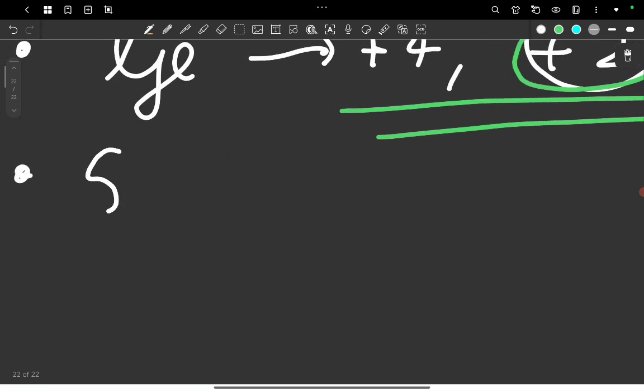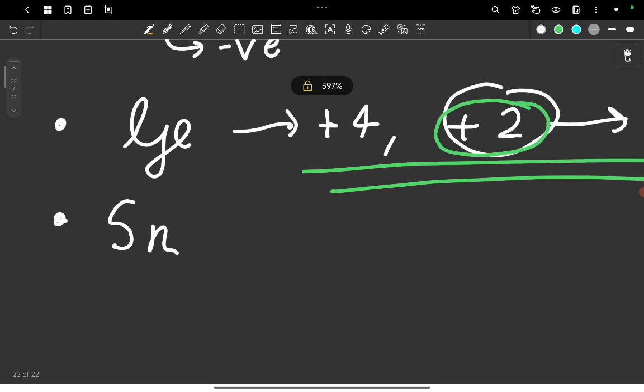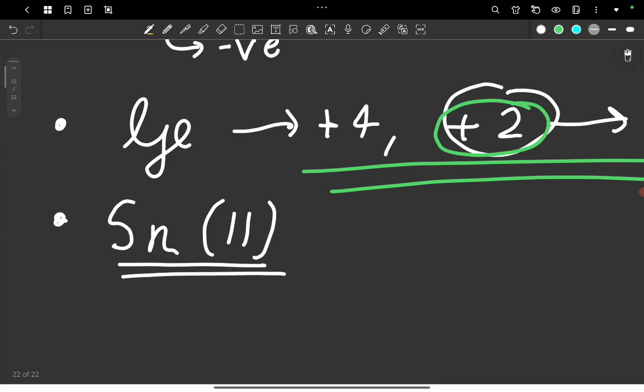Now if we talk about tin, tin in its second oxidation state is reducing. What does this mean? What does it mean for this oxidation state of tin to be reducing?